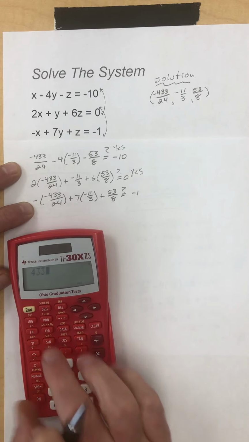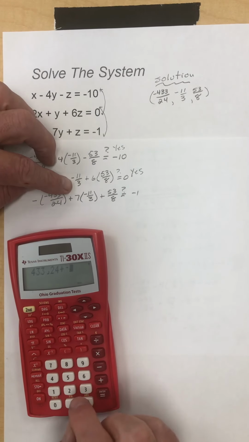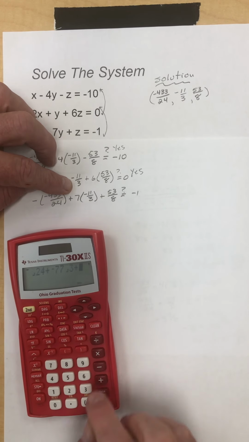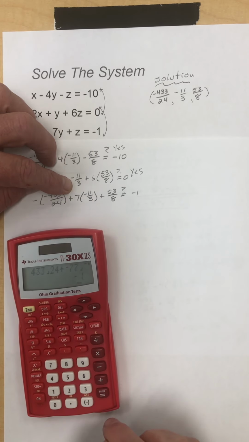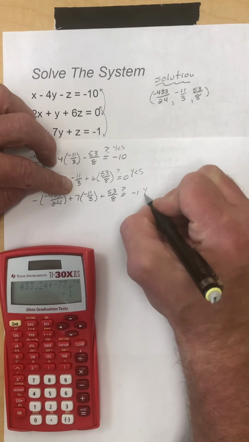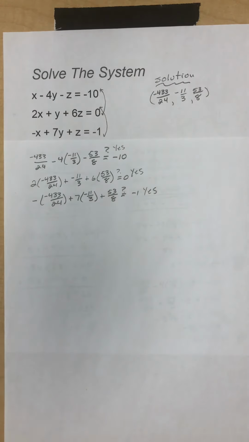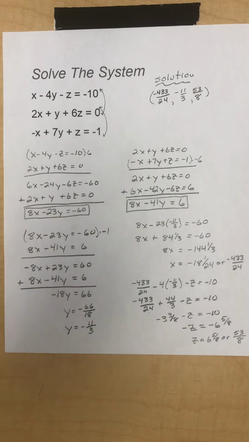So 433 over 24, this would be plus negative 77 thirds plus 53/8. And it works out. That's a yes. Okay, so the solution works on all three equations, so we're in good shape. And that'll wrap it up for this week.